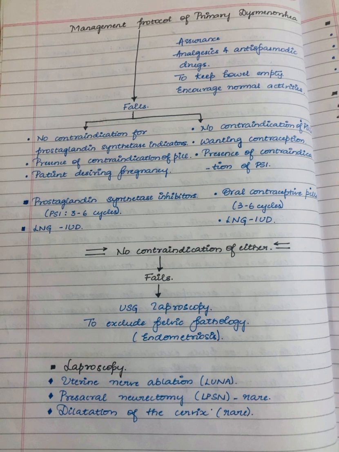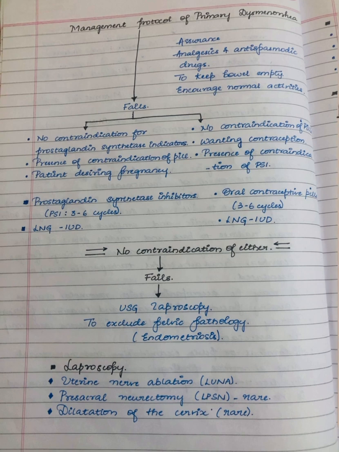First, let us see if the patient is desiring pregnancy. Then there is a contraindication for the pill, which means the pills should not be given. No contraindication for prostaglandin synthetase inhibitors, which means you can give prostaglandin synthetase inhibitors.